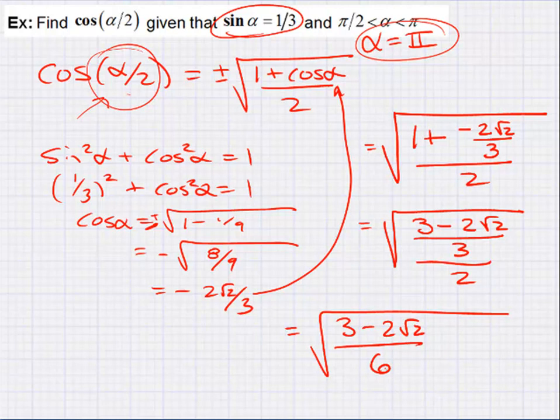And I'd say that's probably the best you can do with that, and leave the answer like that. But again, this is another thing we can use the half angle identity for.